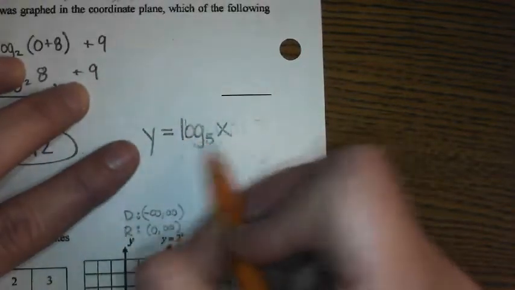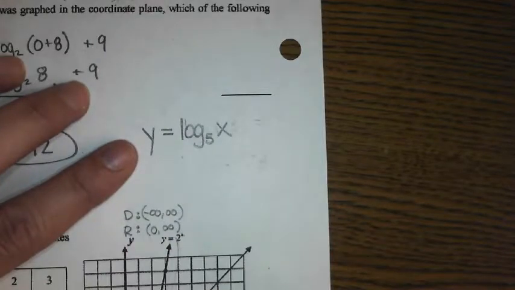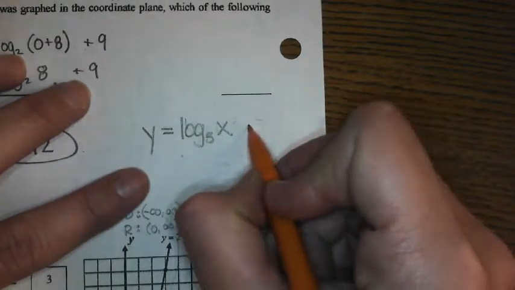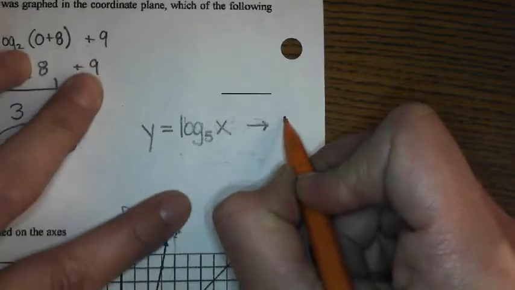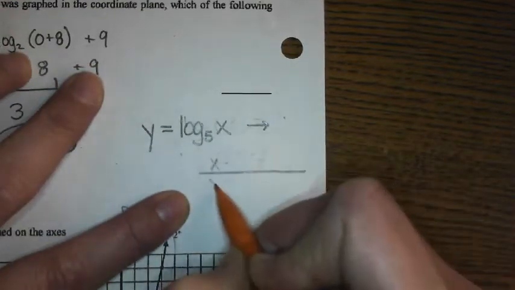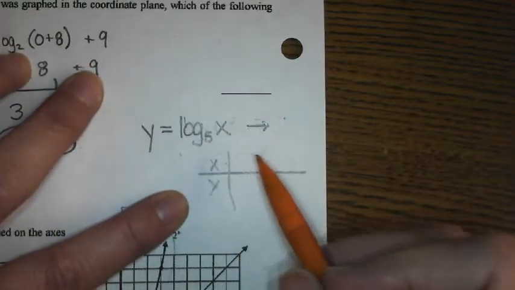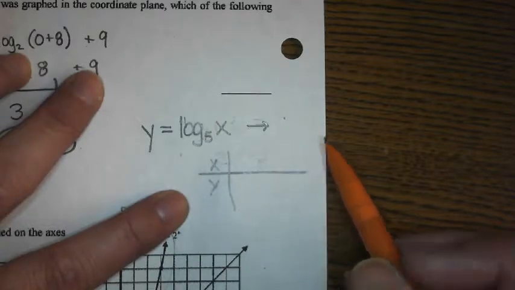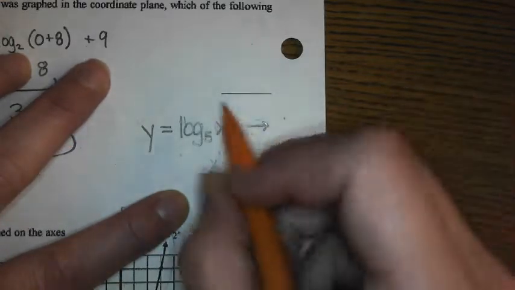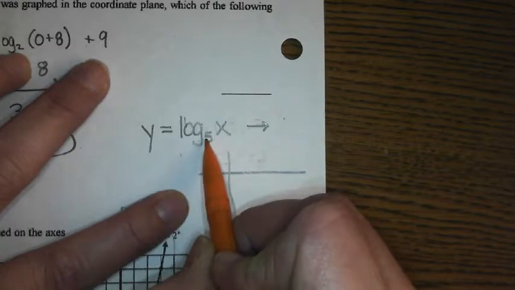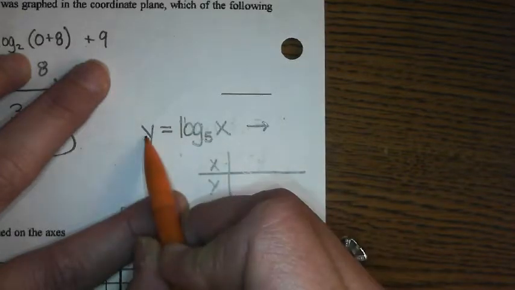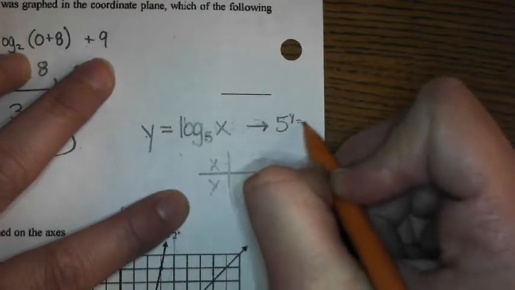If I translate this, what does this translate to, Evan? Nope. Someone help him out. Mason. Right. The base of 5 raised to the other side y, so 5 to the y equals x.